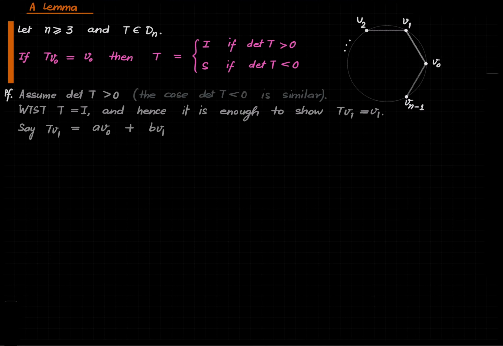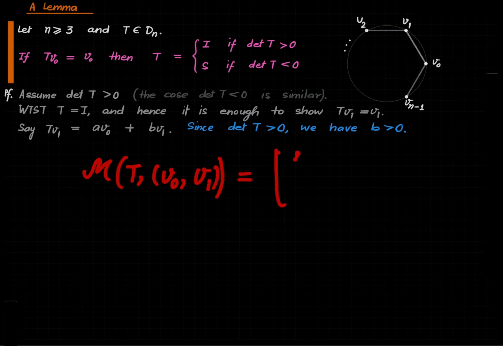So we do that, and now since the determinant of T is positive, we have that B is positive. Why is that? Because the matrix of T with respect to this ordered basis, V0, V1, is this. T fixes V0, so the first column is 1, 0, and the second column is A, B, simply because of this equation. So the determinant is B, and therefore B is positive because the determinant is assumed to be positive.